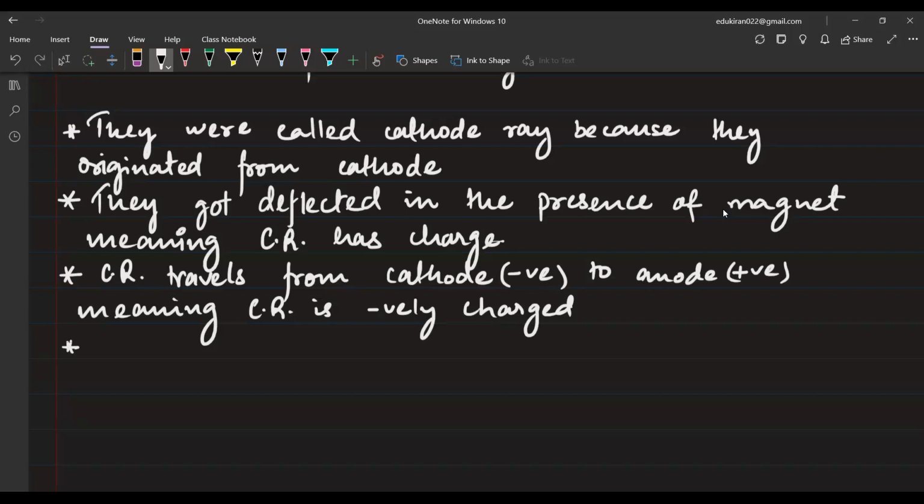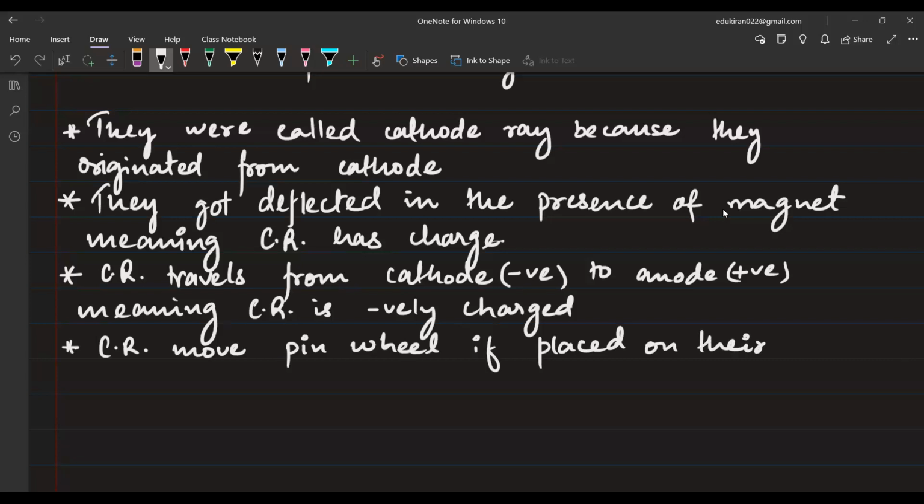Next point: cathode rays move a pinwheel if placed on their path. Therefore, cathode rays are particles.